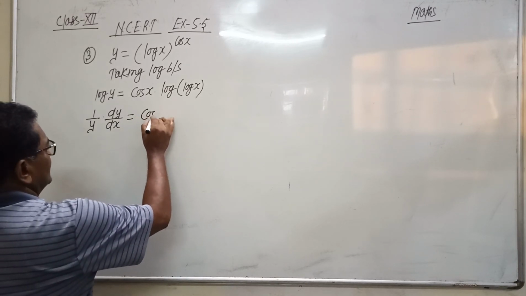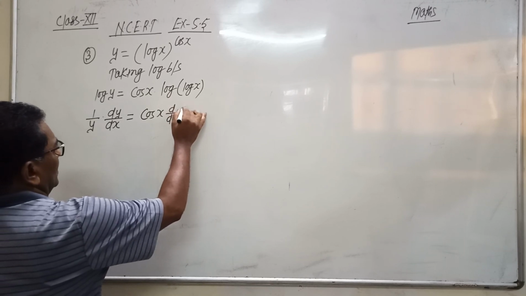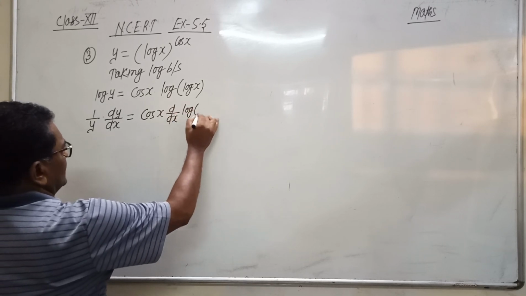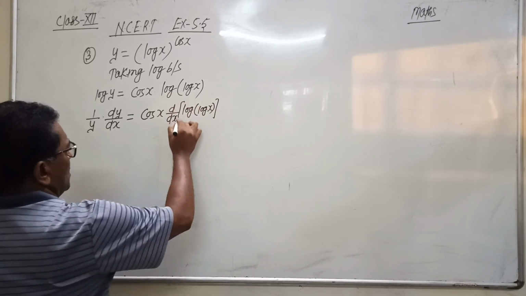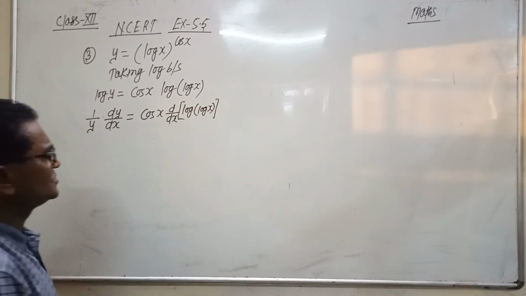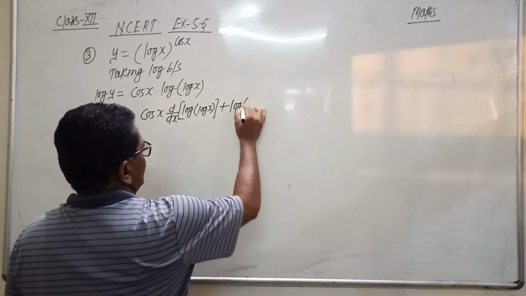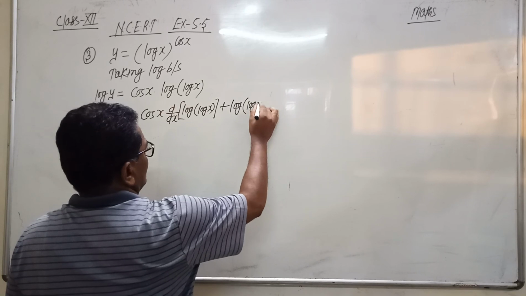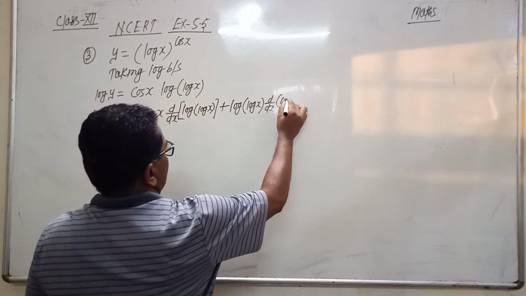So cos x as it is and d by dx of log x. u as it is, d by dx of v, plus v as it is, log x, and d by dx of u.